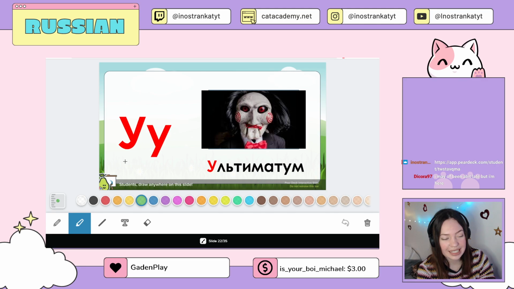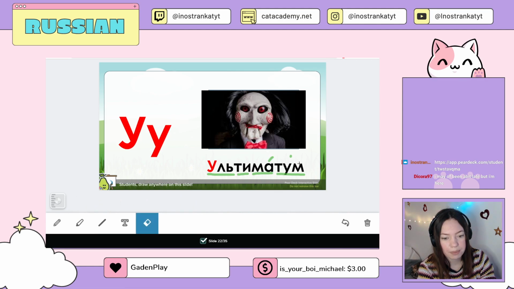So this is the letter U. It is always a vowel, U. And the word is, I'm going to read it because it's quite difficult to guess from the picture. I couldn't even find a really matching picture. I think it's almost impossible. Ul-ti-ma-tum.